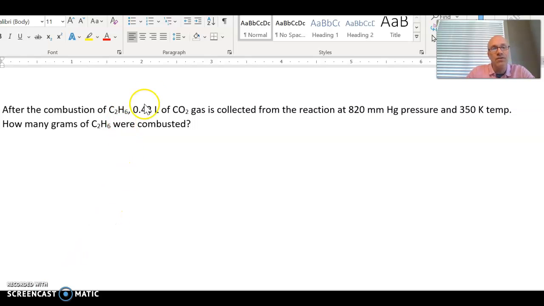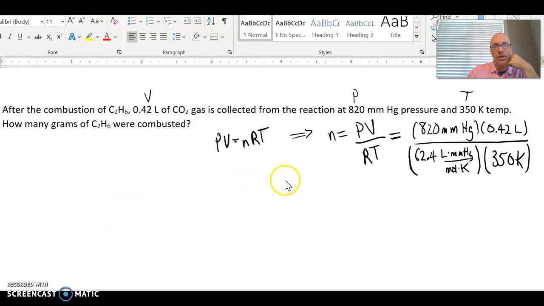First of all, in stoichiometry, if we have a way to get to moles, we can solve the problem. So taking this information, we can plug it into the ideal gas equation, and we can end up solving for the number of moles.